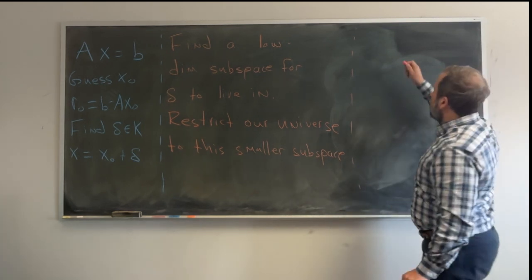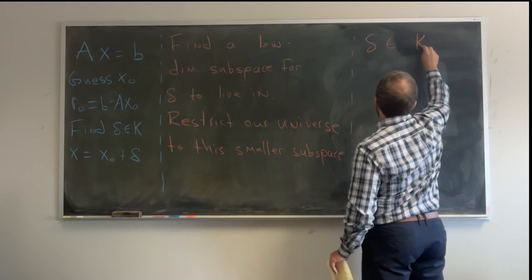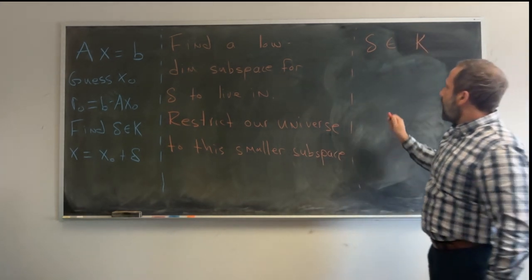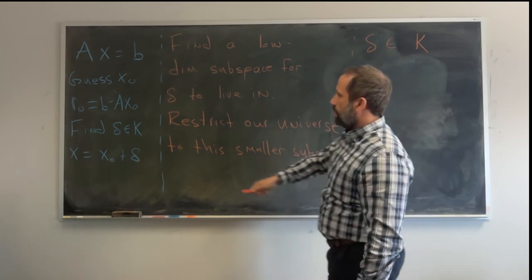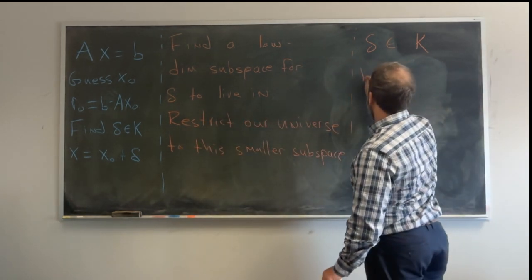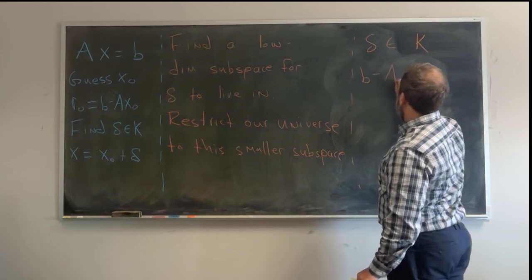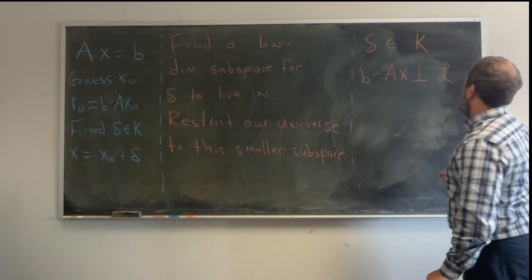But in either case, we want to have delta, as I said over there, to be in whatever subspace we're thinking about, K. And we also want to have the residual of the new vector, so we want b minus A times the updated vector to be orthogonal to some subspace L.